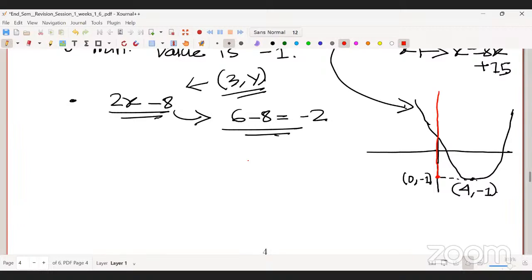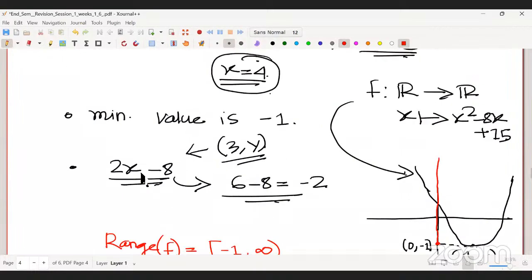So the range of this parabola is minus 1 to infinity. Okay, so this is the range of this parabola. Any doubt?